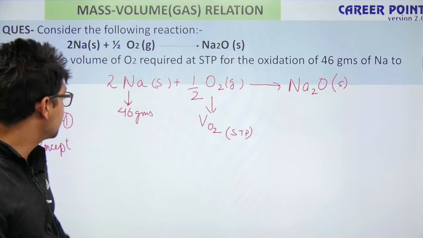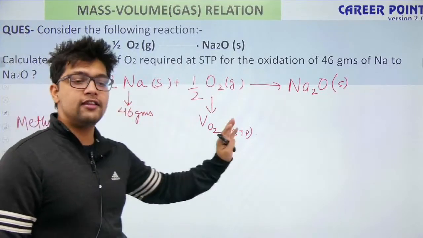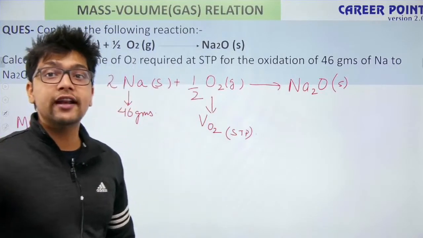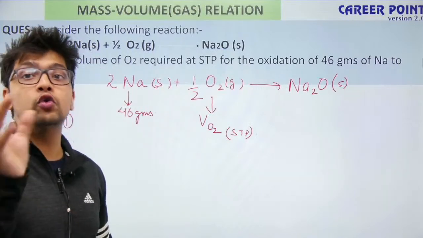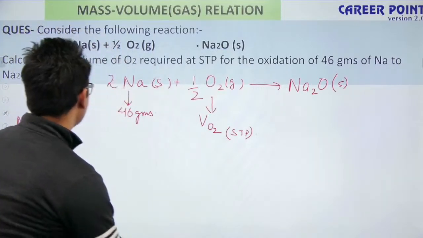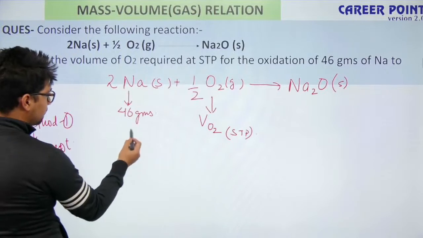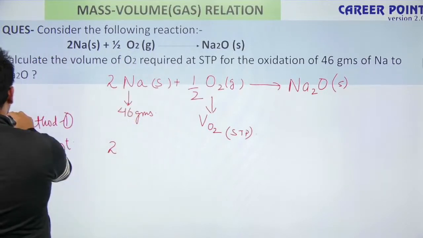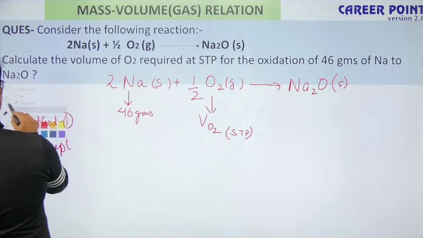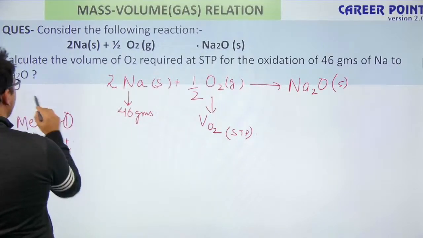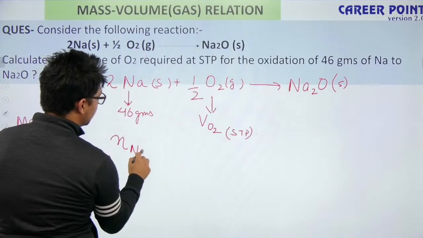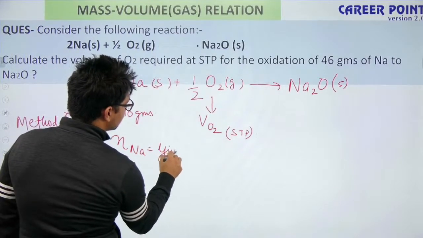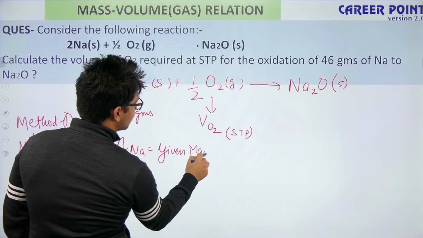learning right now. Whenever these type of questions are there, I will try to convert everything to number of moles. So what are the number of moles of sodium? Moles of sodium will be given mass upon molar mass.